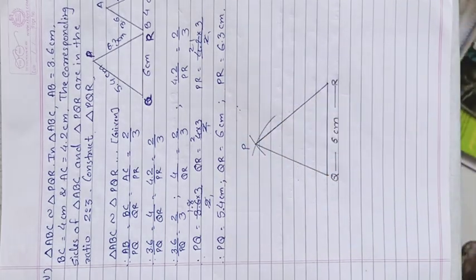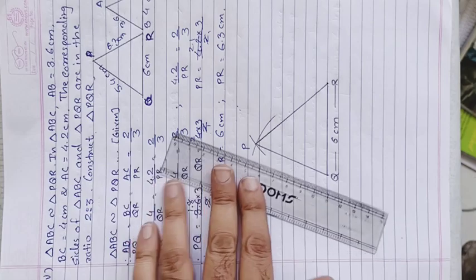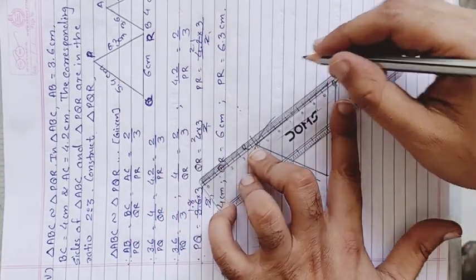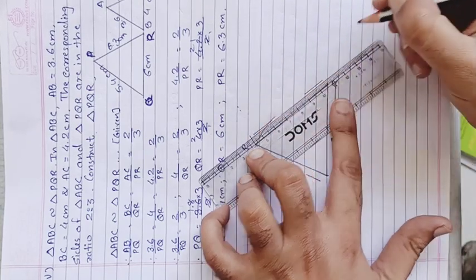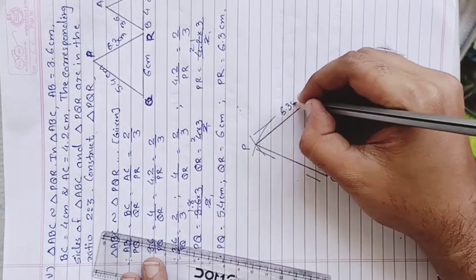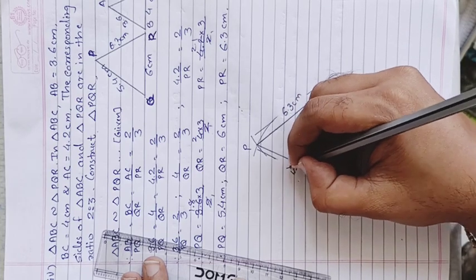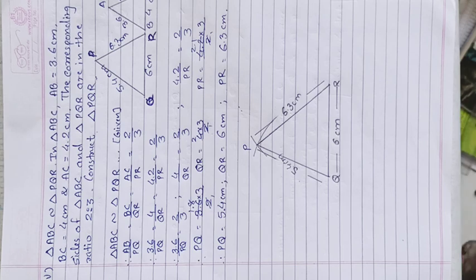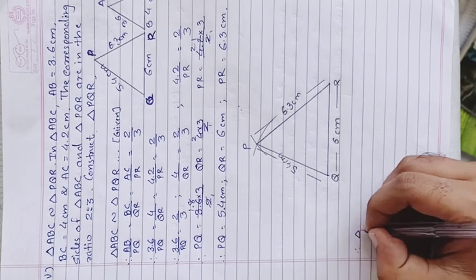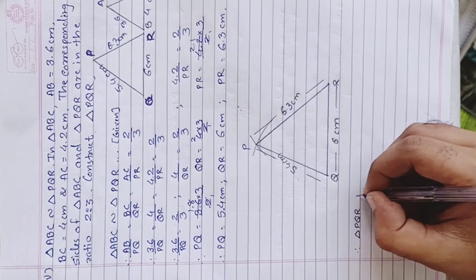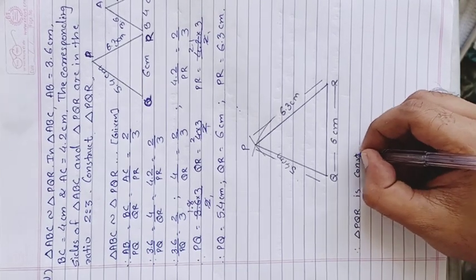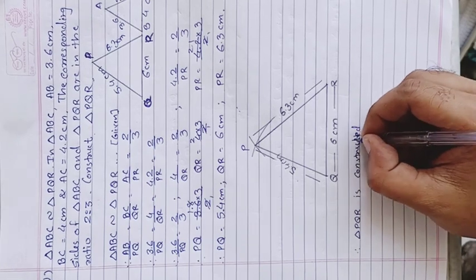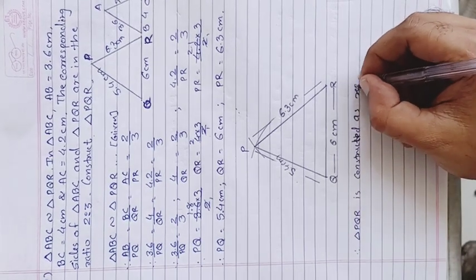So PQR, we need to write the lengths as well: 6.3 centimeter and 5.4 centimeter. And we got the triangle PQR. Therefore, triangle PQR is constructed as required.